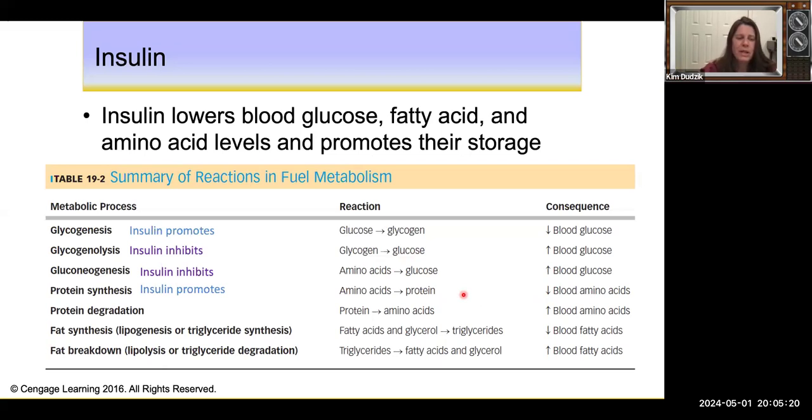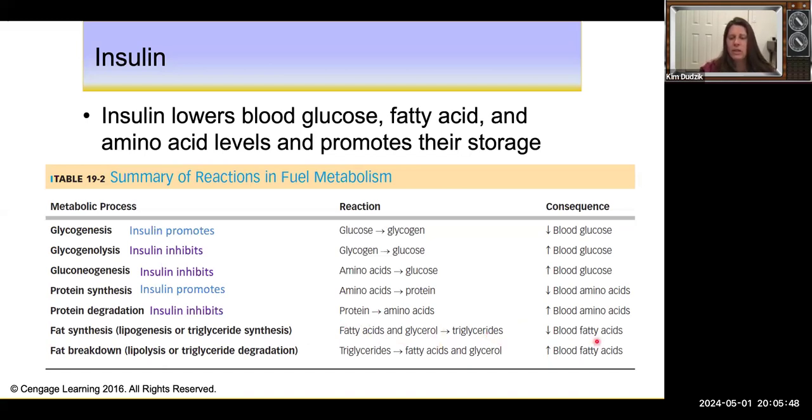Okay. Protein degradation, where protein is degraded into amino acids, would release more amino acids into the bloodstream, and insulin would therefore inhibit protein degradation. Okay. Fat synthesis, that's the action of making fatty acids and glycerol into triglycerides, right?